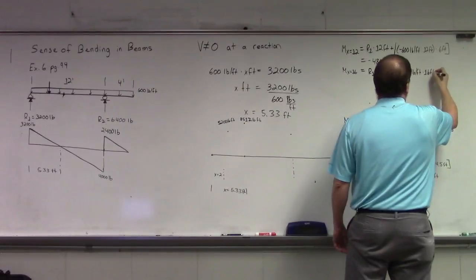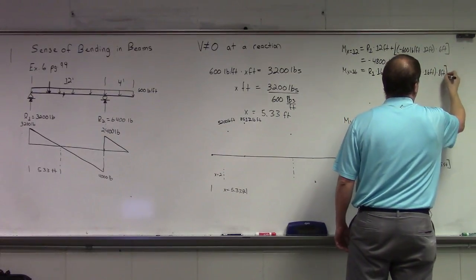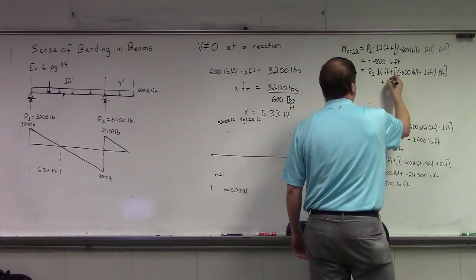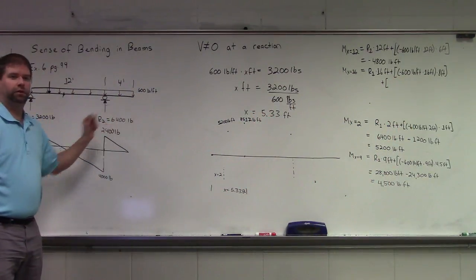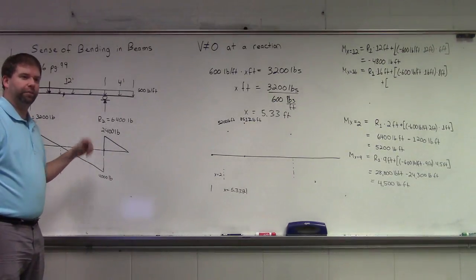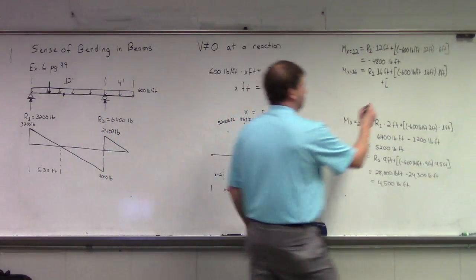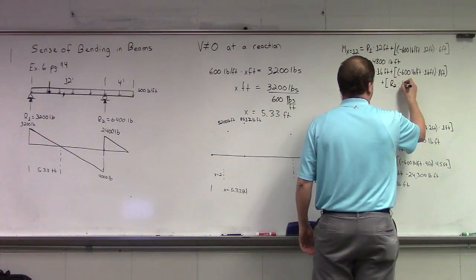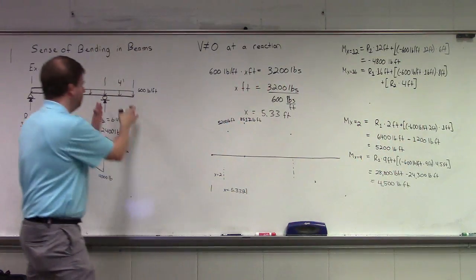There's no R2. What is R2 trying to do when we're way out here? Bend. In what direction? Is it trying to rotate this way? Positive. It's trying to do positive, right? And we're 4 feet away?